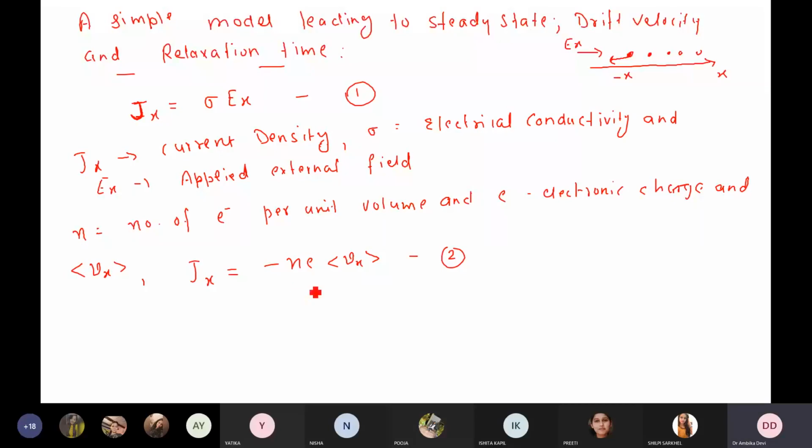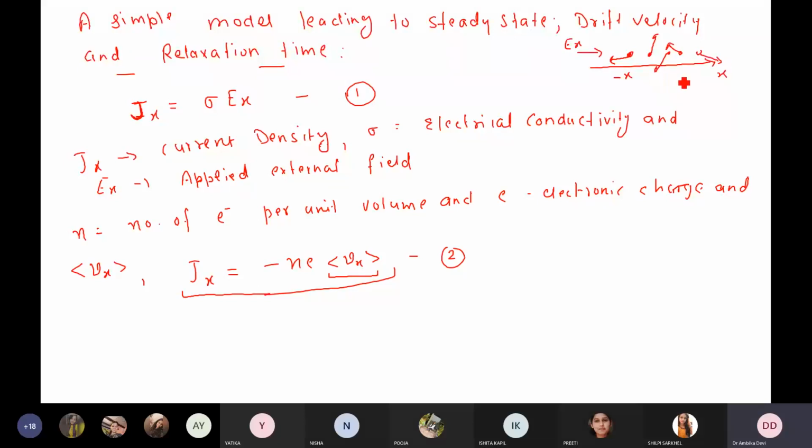See, when there is no external field, the velocity distribution is isotropic and Vx will vanish, right? This is all under the influence of the electric field. If there is no electric field, then the distribution of the electrons will be random. One electron is moving like this, another electron is moving in this direction, another in that direction.